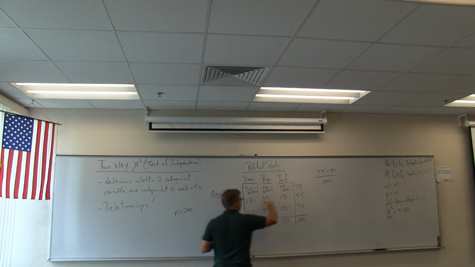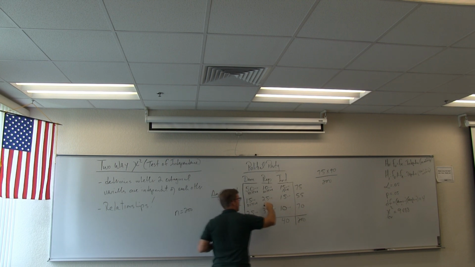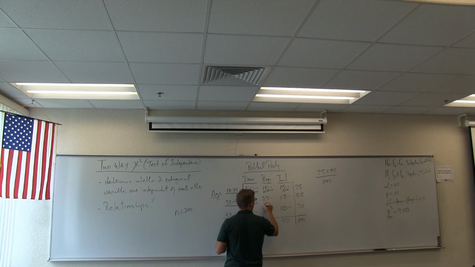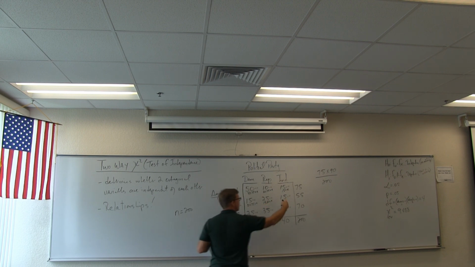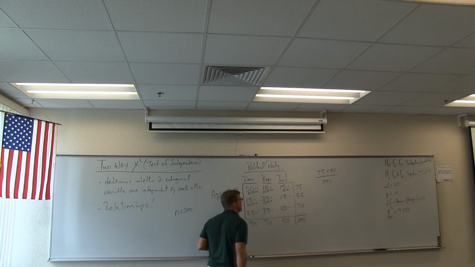For this cell, 55 times 90 divided by 200 gives us an expected frequency of 24.75. For this cell, 55 times 70 divided by 200 gives us an E of 19.25. For this cell, 55 times 40 divided by 200 gives us an E of 11.